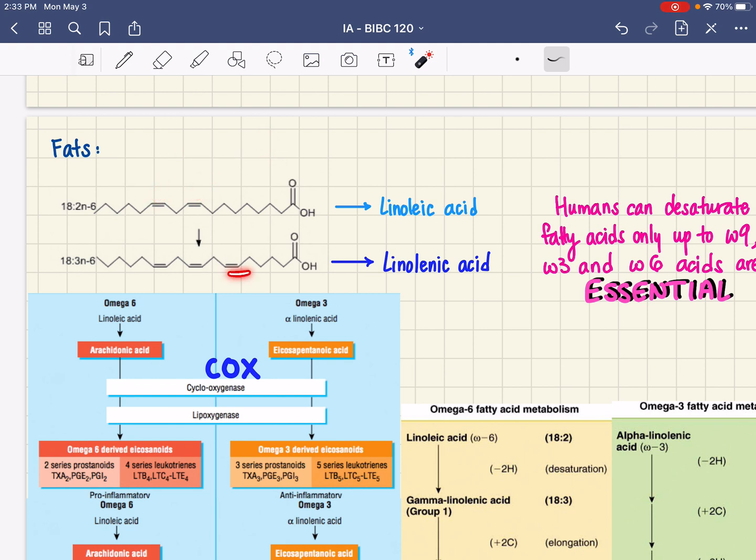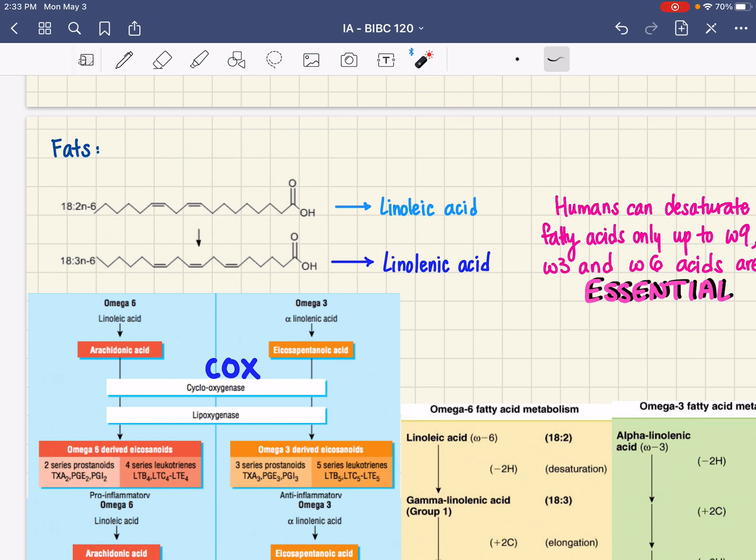And this one has 3 unsaturations. And the fatty acids that have polyunsaturations, meaning more than one, for example, 1, 2, 1, 2, 3, these are called PUFAs, polyunsaturated fatty acids, PUFAs.